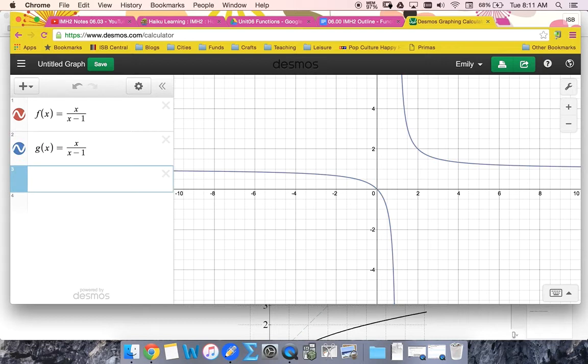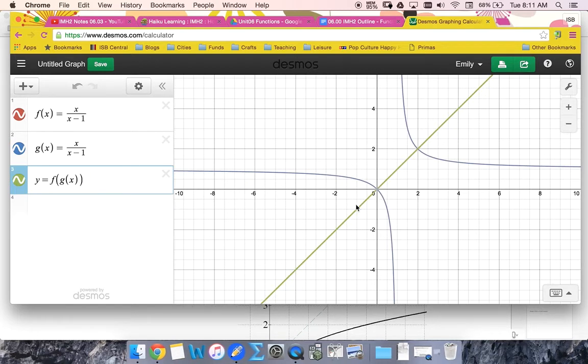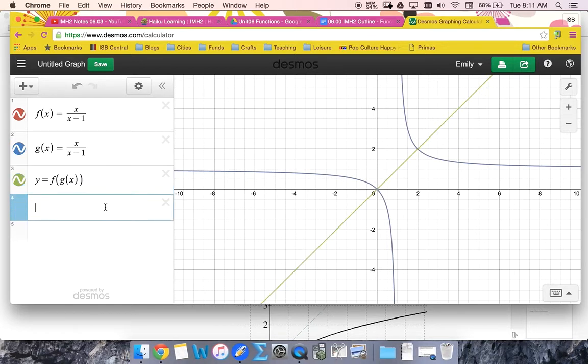And now, if they're inverses, f of g of x should equal x. And sure enough, that's the line y equals x. And if I test it again, g of f of x, I get the same thing. I get the line y equals x.